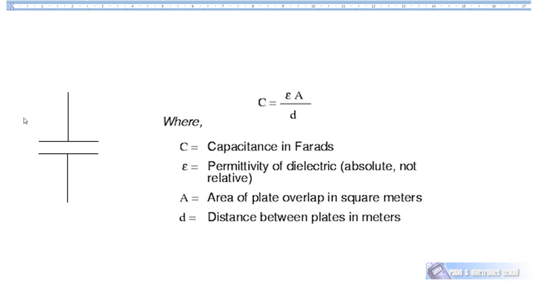And if it was a 10 volt battery, those electrons would keep running in to the negative plate and leaving the positive plate until the voltage on the capacitor was equal to the supply voltage, in this case 10 volts. If we remove the battery, then the capacitor remains charged with electrons on the negative plate and a deficiency of electrons on the positive plate.